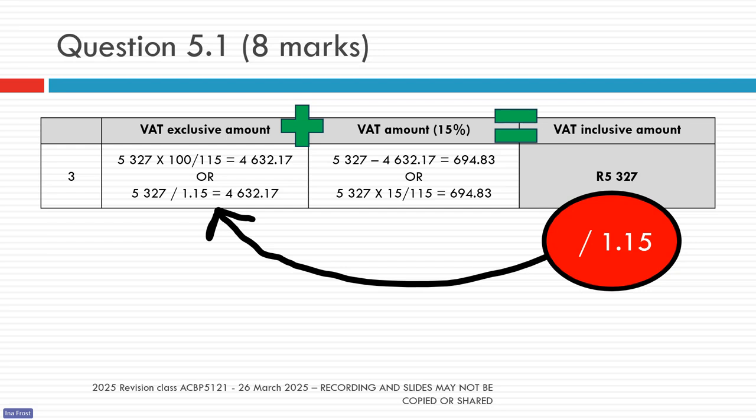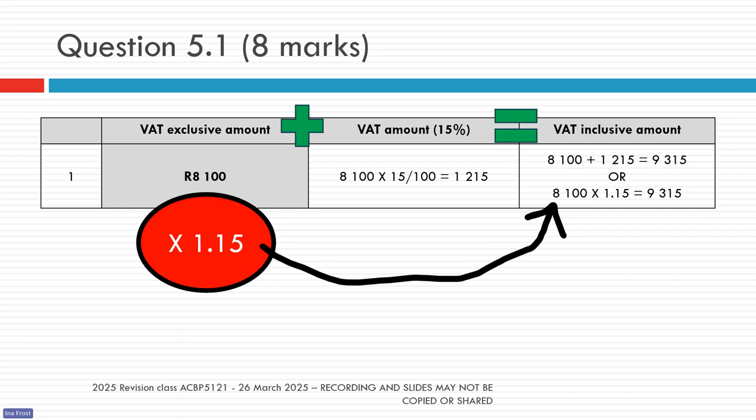Please make sure that you note something very carefully, and it's a pity I didn't highlight that on the slides. If we work with the VAT inclusive amount and I want to get the VAT amount, I use the 15 over 115.